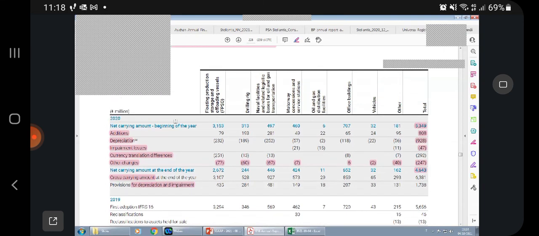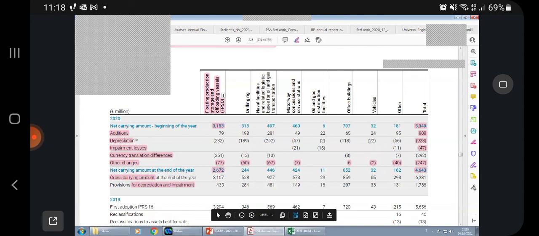Now, look at the type of assets. E&I operates in a very particular industry. And as you can see, the most important part of right of use asset is due to a very particular type of assets. Floating, production, storage, and offloading vessels.